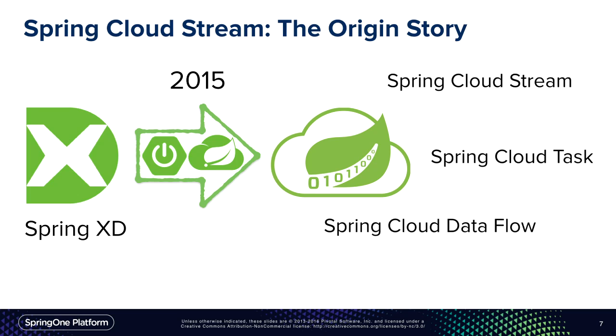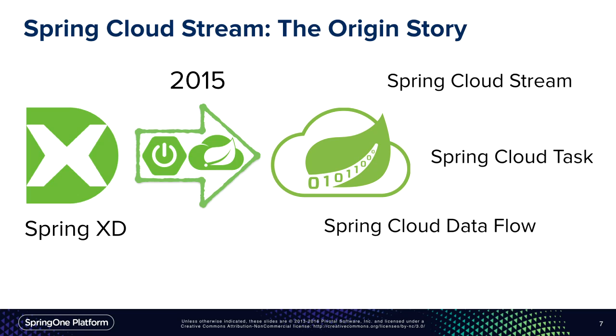So Spring Cloud Stream is one of the few projects that have emerged from Spring XD in 2015. And the reason why the date is important is that 2015 was the year when Spring Boot reached a certain level of maturity. Spring Cloud reached a certain level of maturity, and we understood better how to write cloud-native microservices.